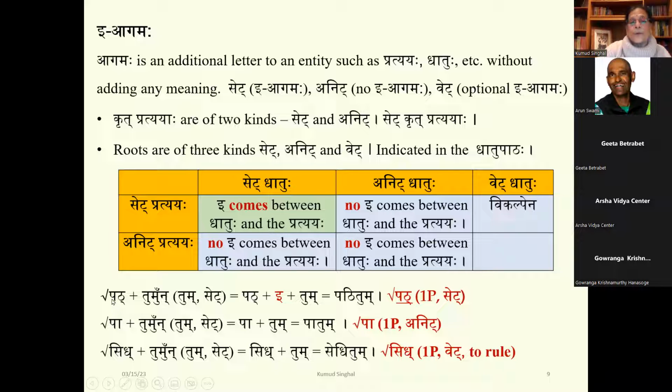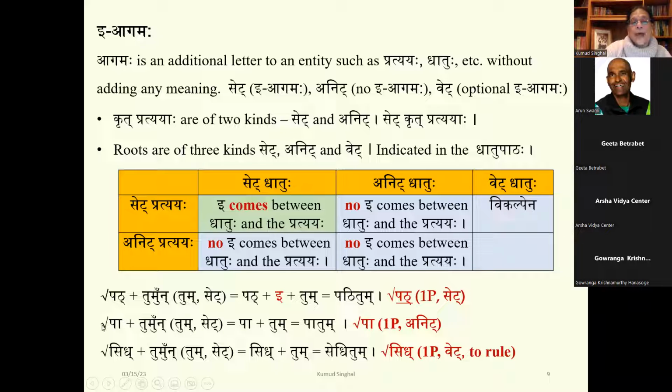So for example, dhatu pat is a set dhatu, and tumun pratyaya is also a set pratyaya. So therefore, an e will come between the dhatu and the pratyaya. Tumun, after removing the it letters, becomes tum. So pat plus e plus tum becomes patitum.